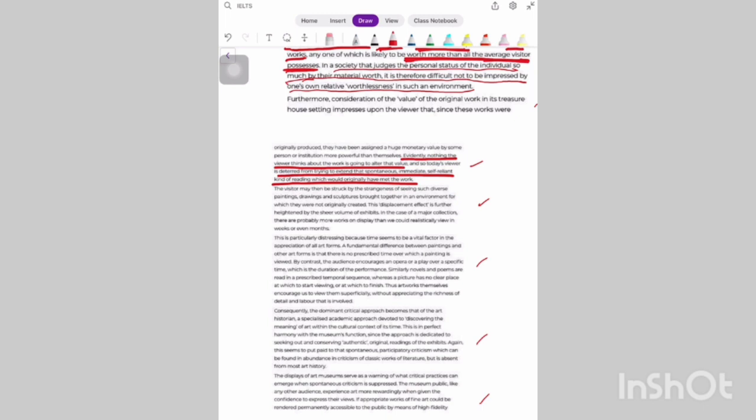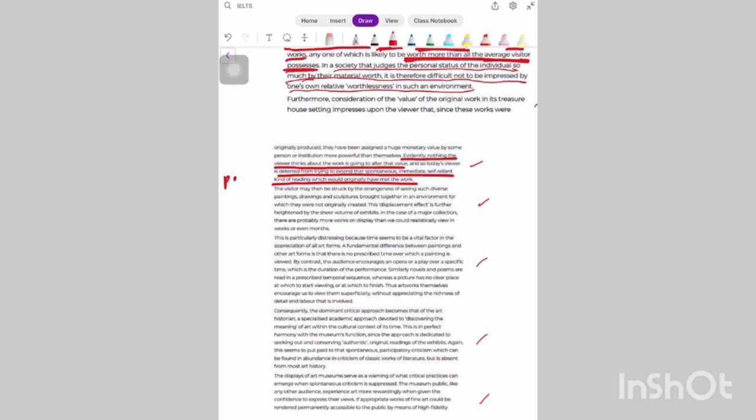Furthermore, consideration of the value of the original work in its treasure house setting impresses upon the viewer that since these works were originally produced, they have been assigned a huge monetary value by some person or institution more powerful than themselves. Evidently, nothing the viewer thinks about the work is going to alter that value, and so today's viewer is deterred from trying to extend the spontaneous, immediate, self-reliant kind of reading.